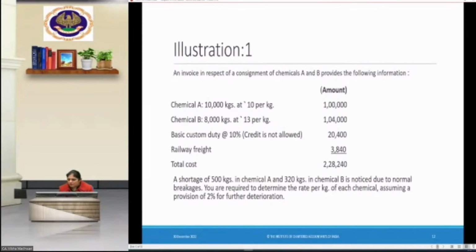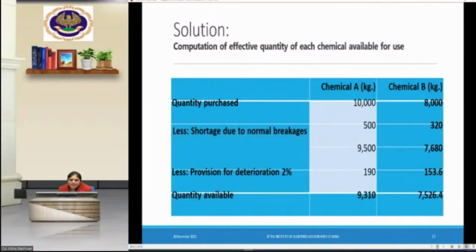First we have to calculate how much the effective kgs are after taking care of normal wastage or normal shortage. So first of all, how much is the effective quantity we are left with. We purchased 10,000 kgs of chemical A and 8,000 kgs of chemical B. The shortage due to normal breakage is 500 kgs of A and 320 kgs of B. Clear? And further deterioration, 2%.